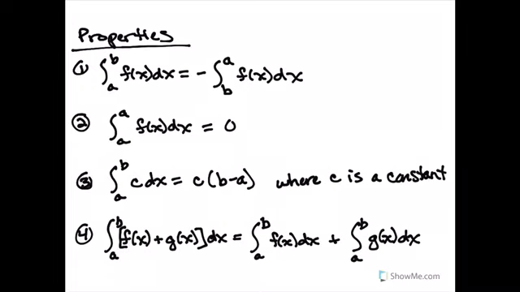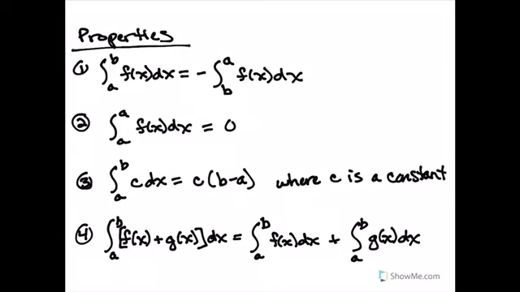Okay, there's a lot of properties of definite integrals that are also properties of regular integrals, but these are specific to the limits. The first one is that if I take the integral from the lower limit of a to b, if I switch the limits, I will get the exact opposite net area.